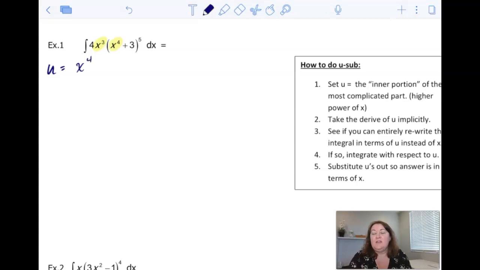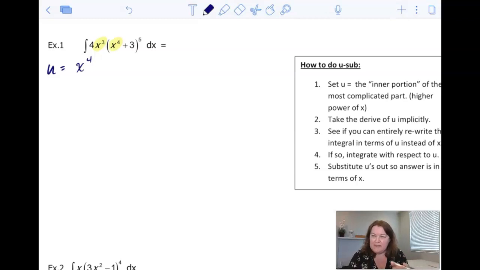Notice that doesn't fix the plus 3, and it doesn't fix the fifth power. So I could set U equal to either the x to the fourth, or the x to the fourth plus 3, or the x to the fourth plus 3 all raised to the fifth power. My goal is to pick as much as I can.